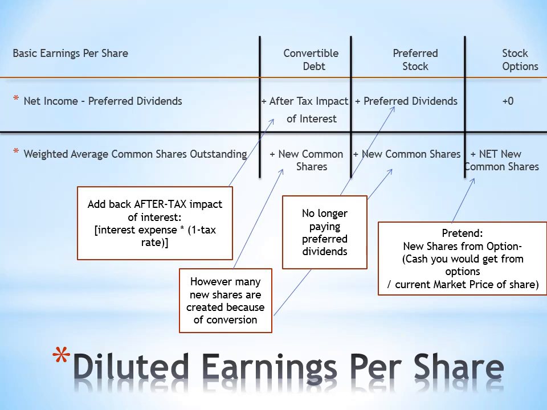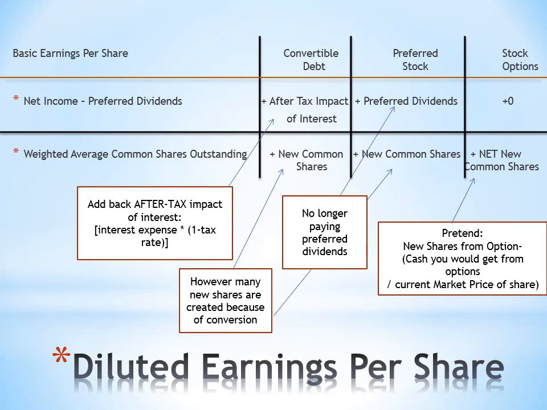Start always and forever with basic. Always start with basic before you do anything in dilutive. And you have the normal numerator and denominator: net income minus preferred dividends divided by weighted average common stock shares outstanding. Normal thing, start with basic. Then you add whatever columns you need to the side to make sure that you have all your stuff.